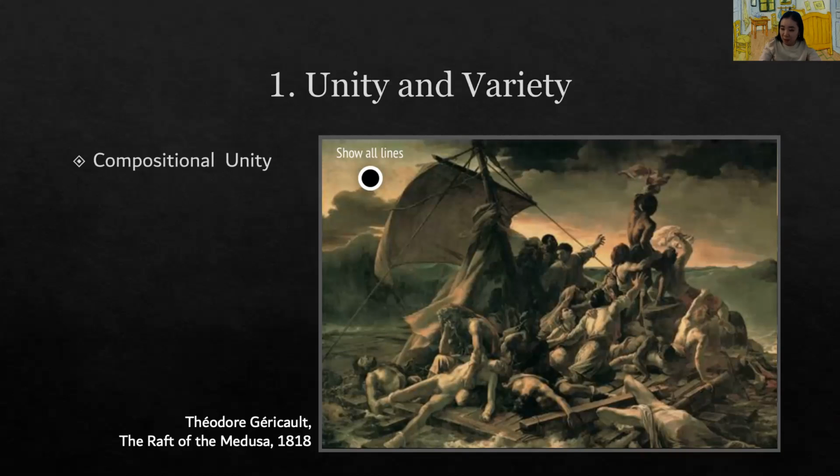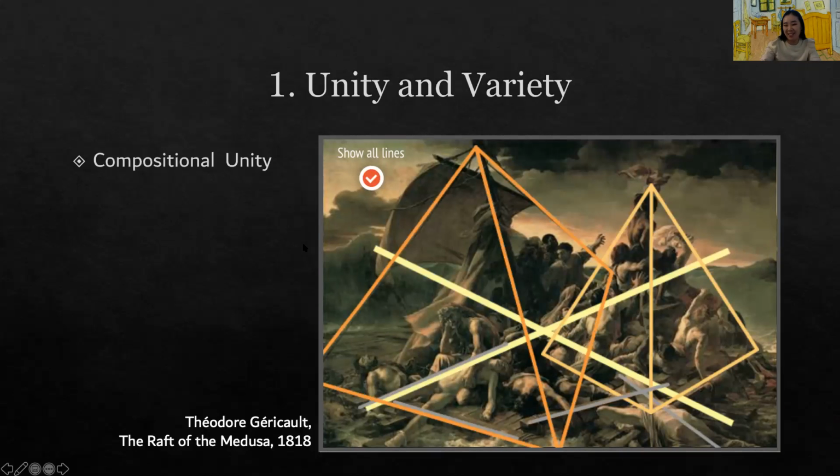So we learned that line shows movement in the last class, right? We learned horizontal lines, vertical lines and diagonal lines. So which line can you find in this work of art? Diagonal, yes. Lots of diagonals.